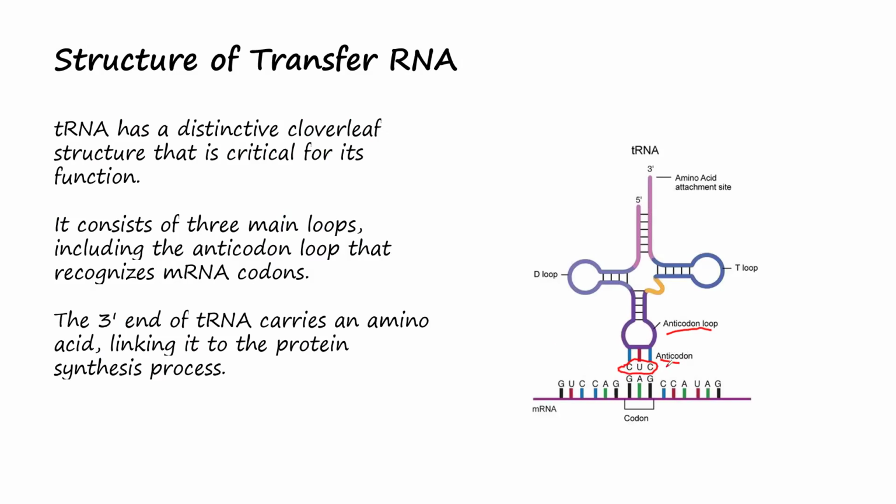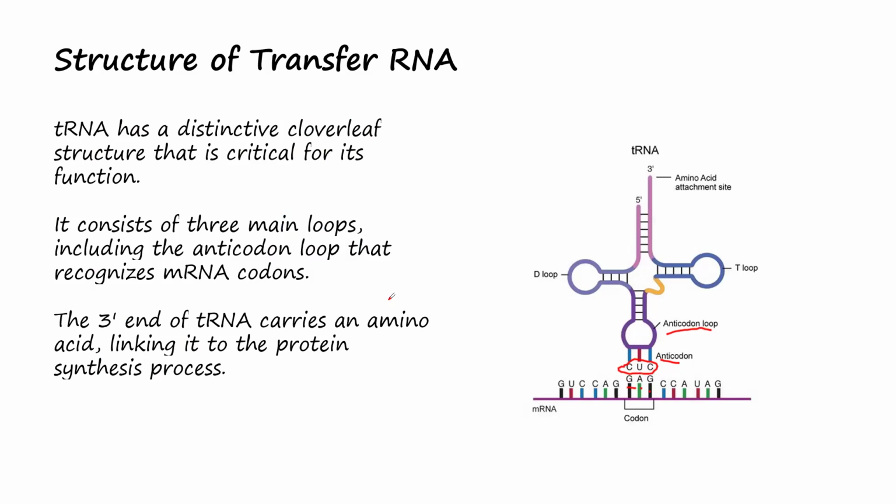You see the anticodon here, CUC, will recognize the codon from messenger RNA, which is GAG. So this is how a transfer RNA has an anticodon, and this anticodon is responsible for recognizing a codon from the messenger RNA.